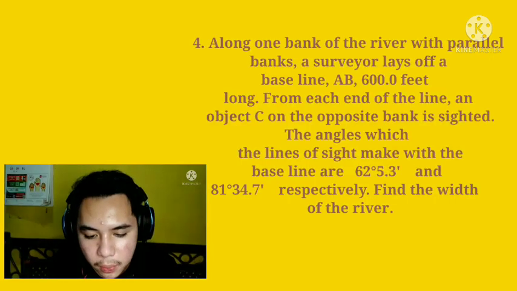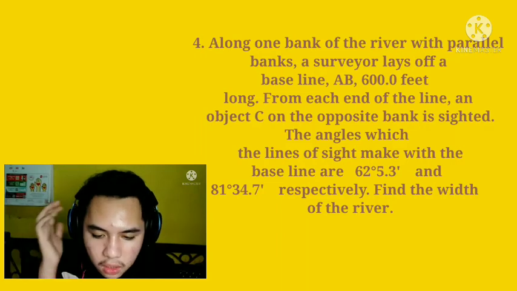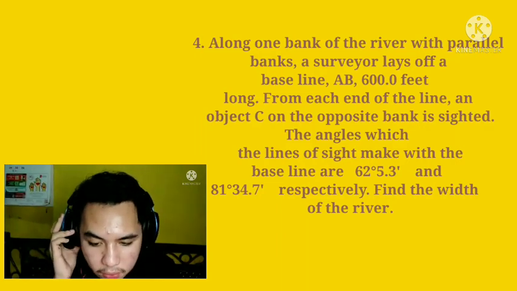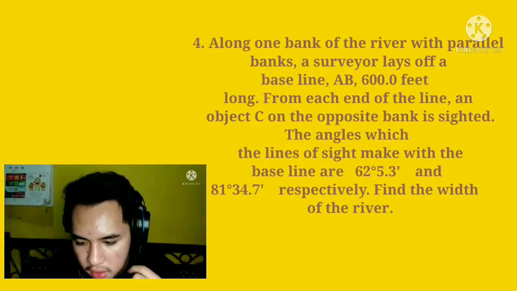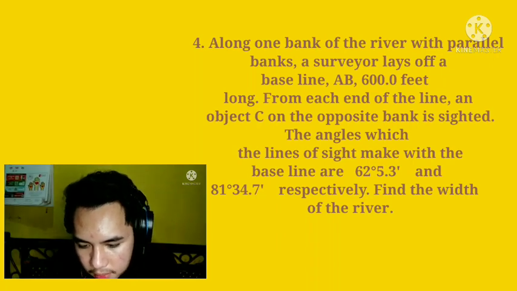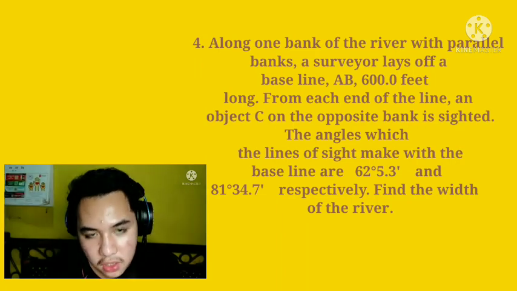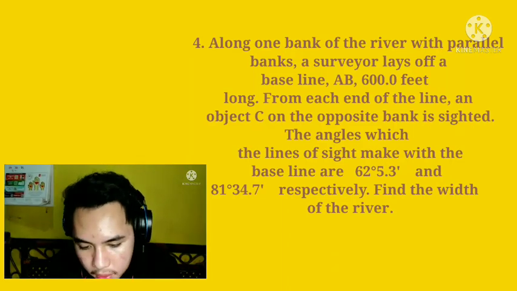So for our problem number 4, along one bank of a river with parallel banks, a surveyor lays off a baseline AB 600 feet long. From each end of the line, an object C on the opposite bank is sighted.